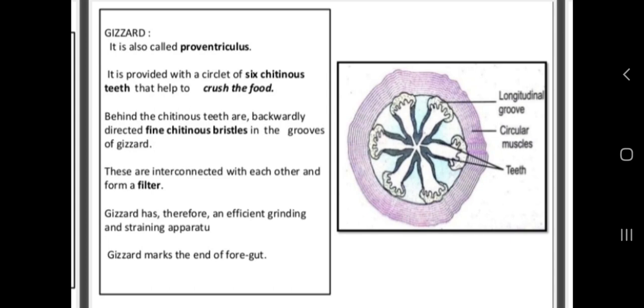The anterior part of the armarium has teeth-like structures, while at the back portion, these teeth-like structures form bristle-like structures, fine chitinous bristles, which are also known as pulvillus.